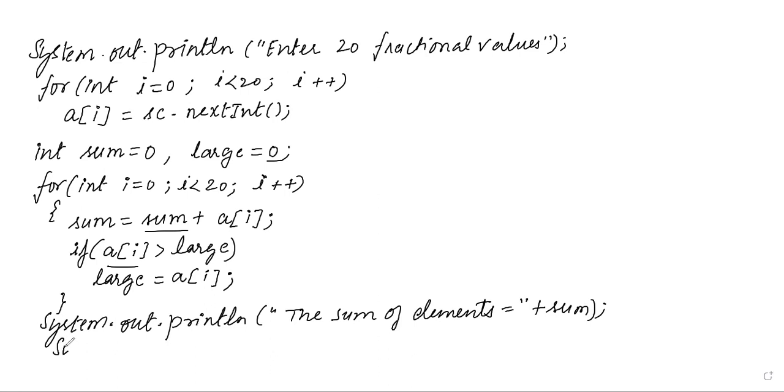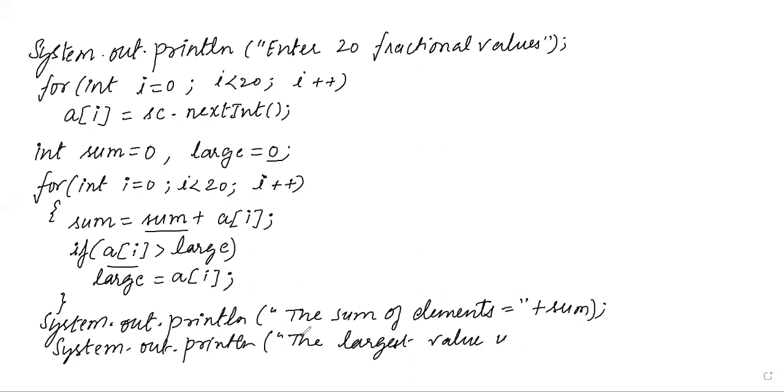And also print the largest value, print a statement system.out.println the largest value is equals to plus large. Now close the function and close the class. So in this way, you can achieve this task that by entering 20 fractional values, you can find the sum of all values and the highest value of the array.